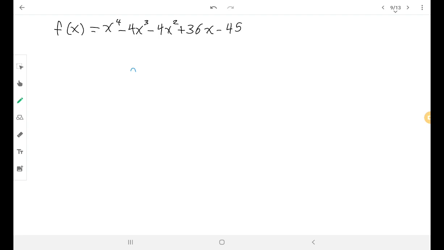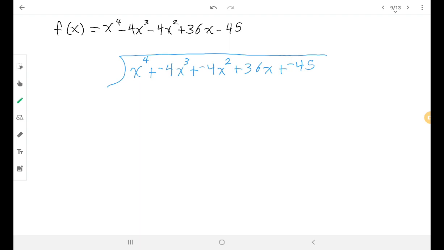Okay, so I've already rewritten the polynomial so I don't forget it. I'm going to change all minuses to plus negative. That helps me keep track of what's positive and what's negative.